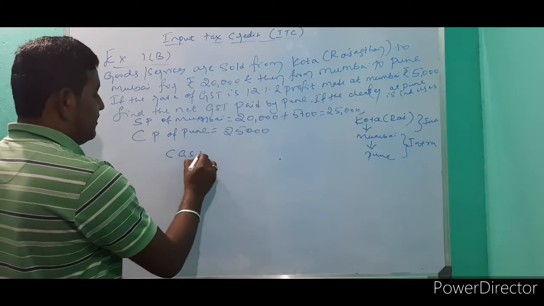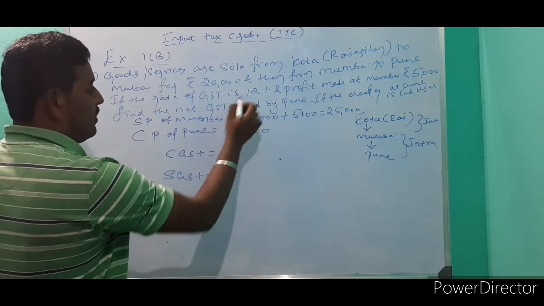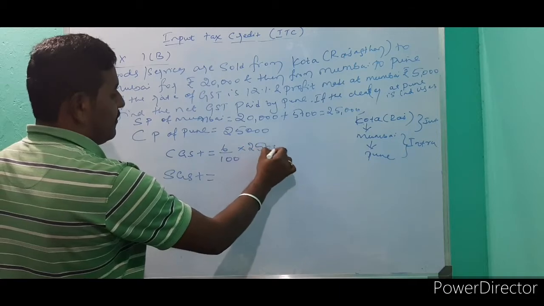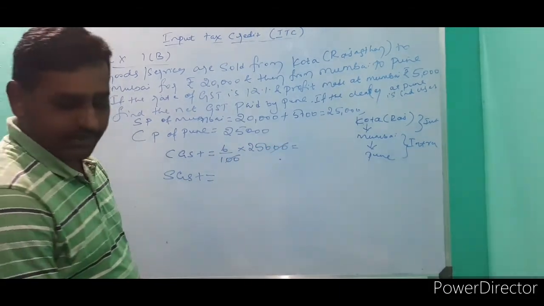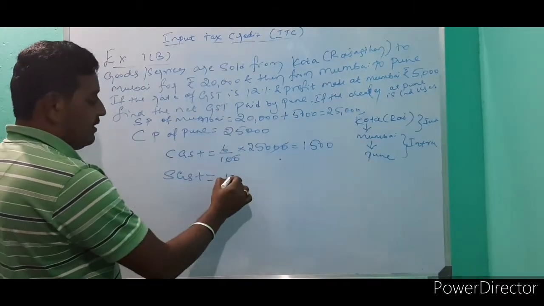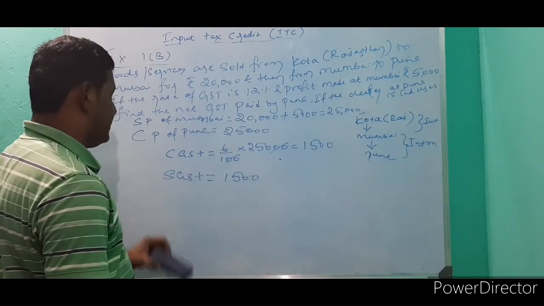CGST and SGST we have to find. So 12% divide into 2 equal parts. 20 cancel. 6 into 250, if you multiply it, you will get 1500. So same thing here also you are getting 1500 because 6% only.